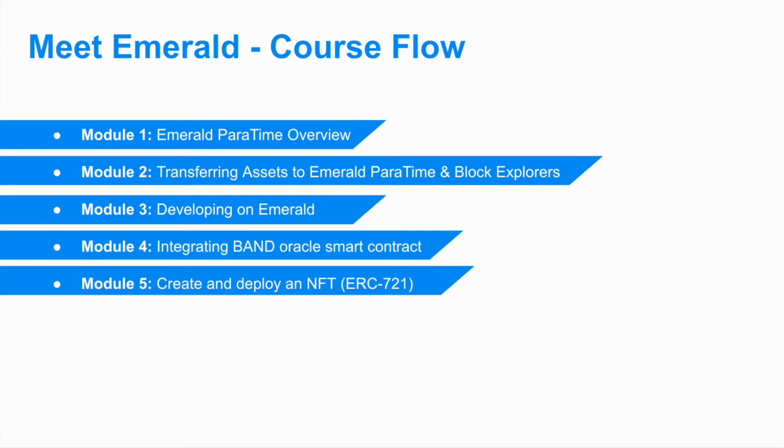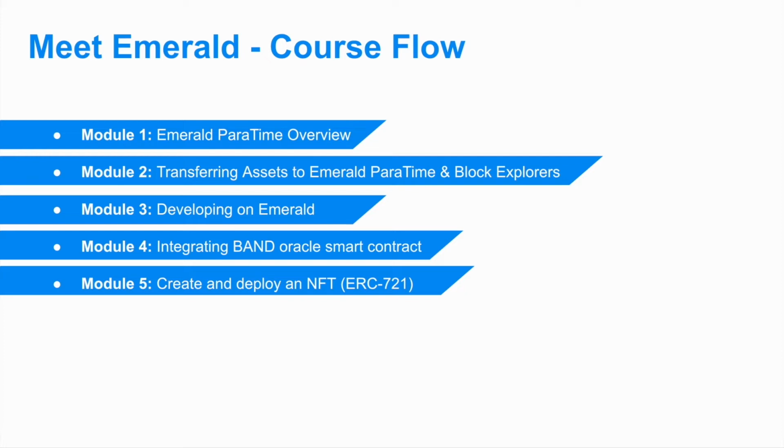Now, with module 3, we will show you the tools used preferably by developers to build on any EVM chain, or Ethereum actually. And these tools are used to deploy on Emerald also, right? And then we will continue with module 4, which is how to integrate the Band Oracle smart contract, because you can use this Band Oracle to get real-time prices for your application.